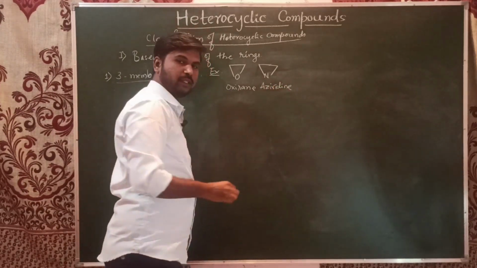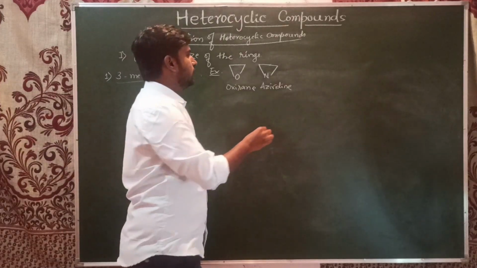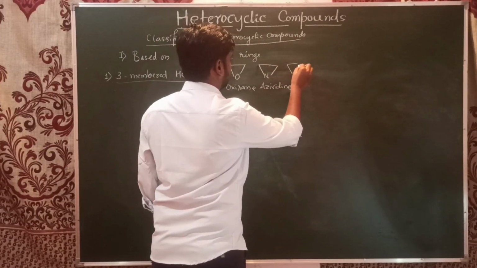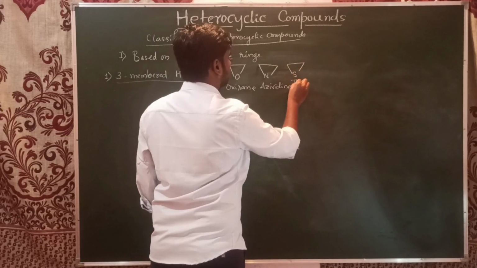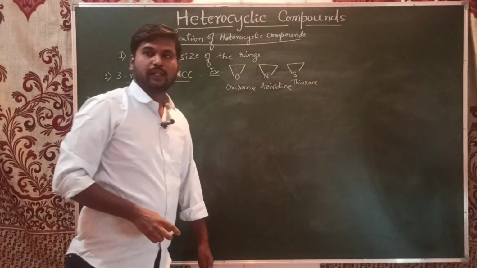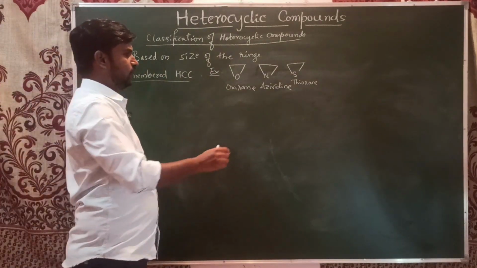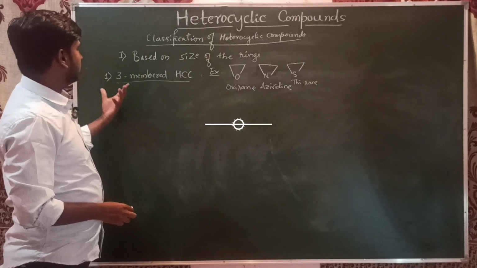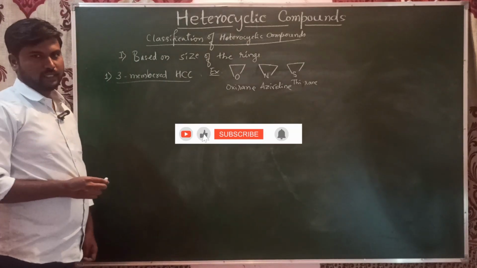The same way, we can also have sulfur. This is thiirane, thiirane. So these are three-membered heterocyclic compounds.